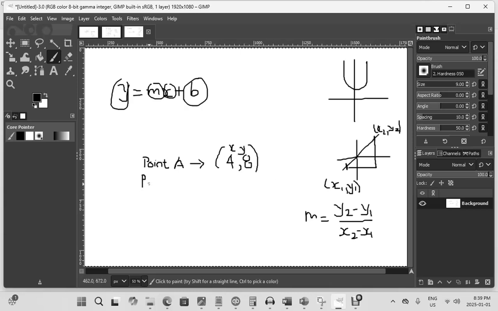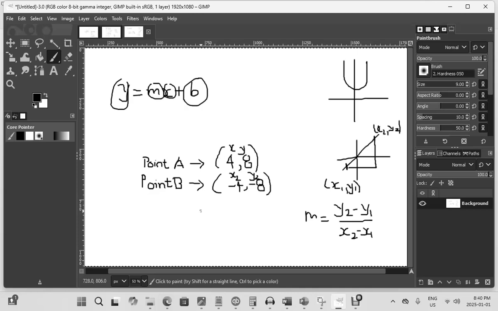And point B is -4 and -8. That's your point B, and this is your x2 and y2. Let's reverse this over here.